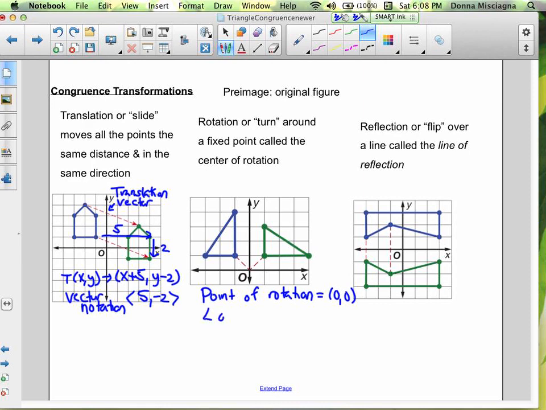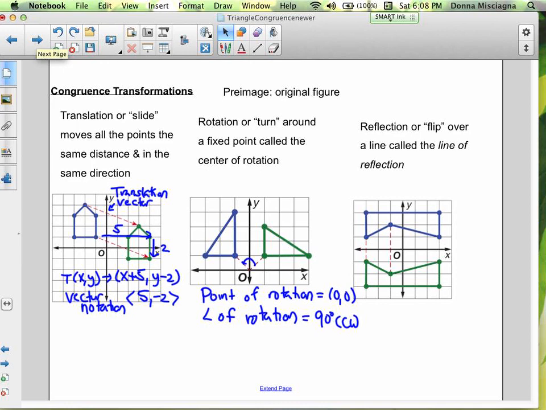The angle of rotation depends on which direction you want to go. If I go this way, that is 90 degrees counterclockwise. If I prefer to go this way, that would be 270 degrees clockwise. Either way, you end up in the exact same location.